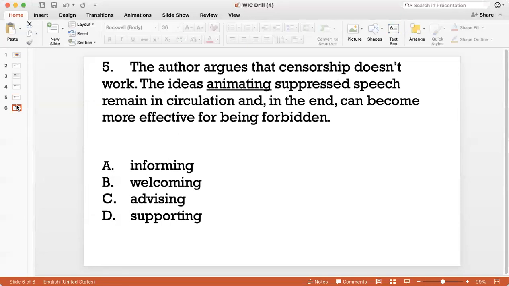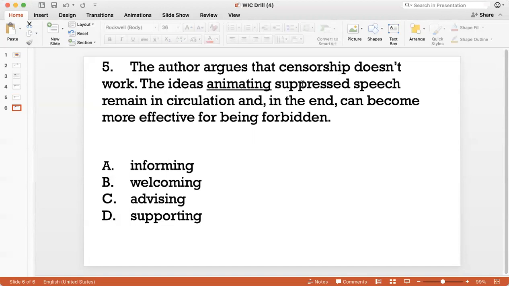You can't really suppress the ideas behind that speech, right? The ideas that influenced that speech, the ideas that made up that speech. You can't really suppress those. And those ideas, they remain in circulation and they become more effective because they are forbidden, right? They go underground and they get this greater power because they are forbidden.